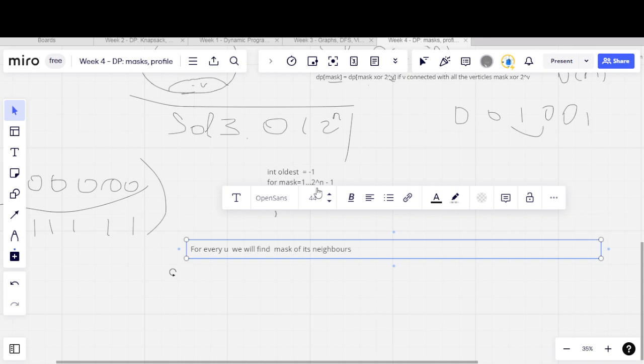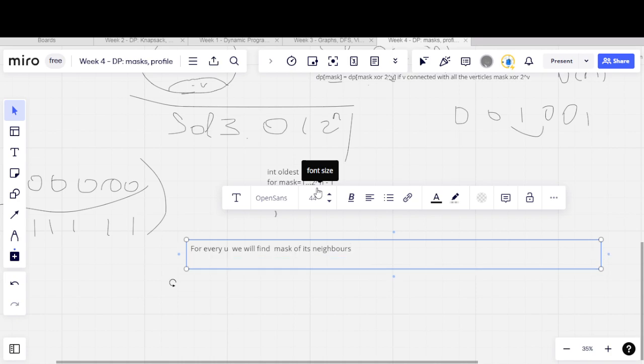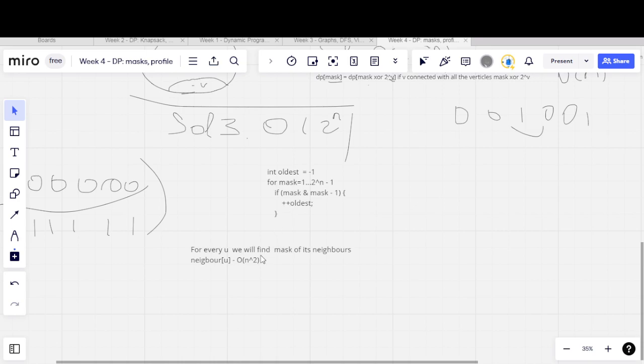So we can get the neighbor array for every u for squared complexity. We can do this before we start to calculate the dp.